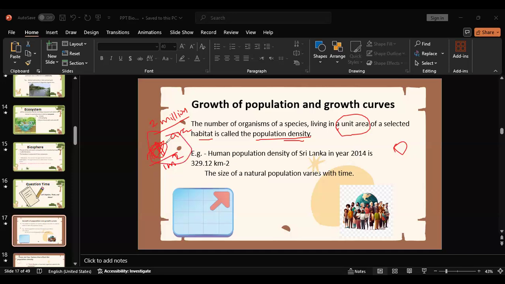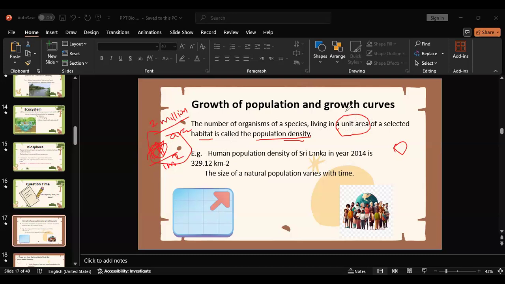So that is the population density. When we calculate the population per unit area, that value is considered the population density.